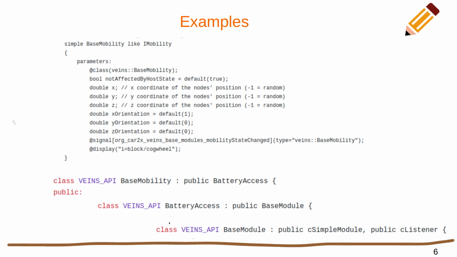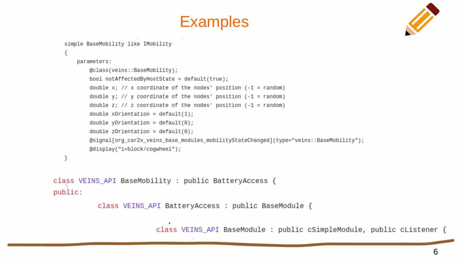This is another example from the Veins framework. Here, the component that is represented as a cSimpleModule is the mobility component. We'd have simple base mobility, like iMobility, which is just an interface. This is the NED part, and then the C++ part.